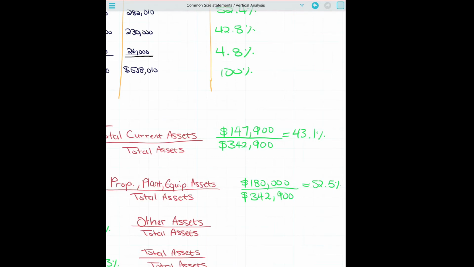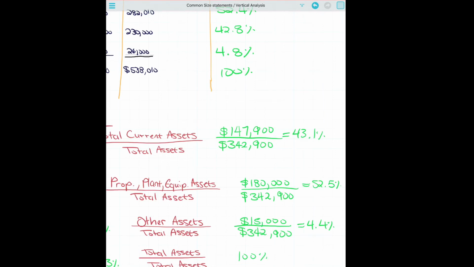Other assets is $15,000 divided by 342,900 equals 4.4%. And lastly, total assets divided by total assets will give you 100%.